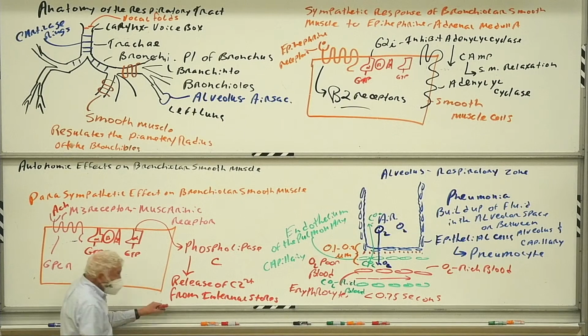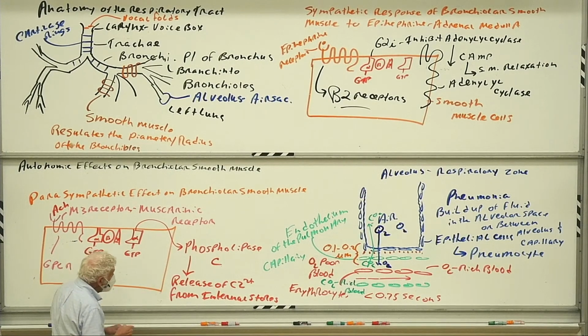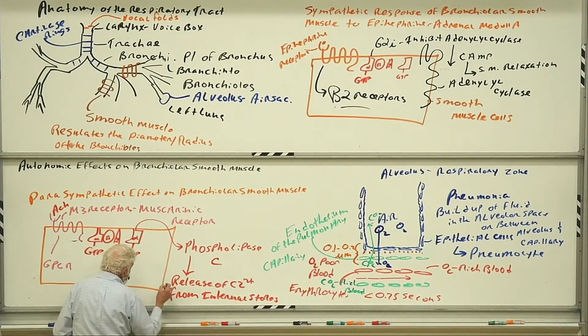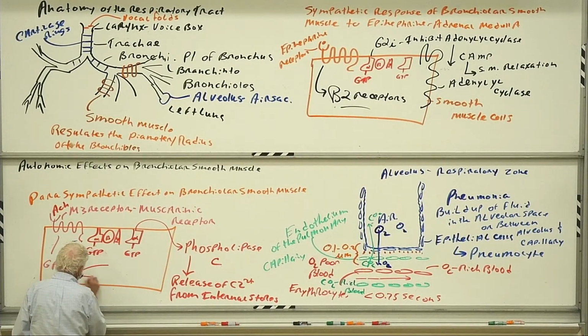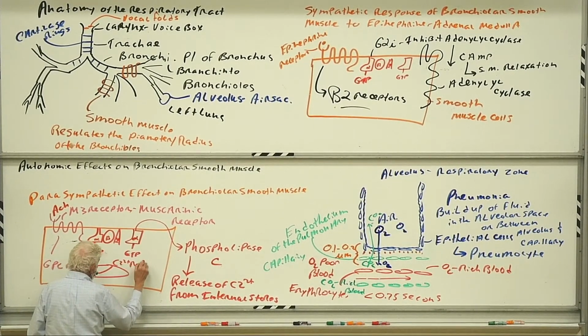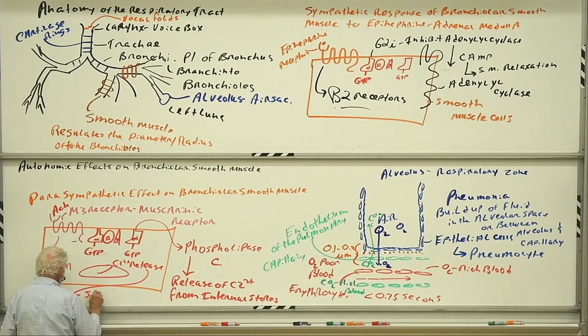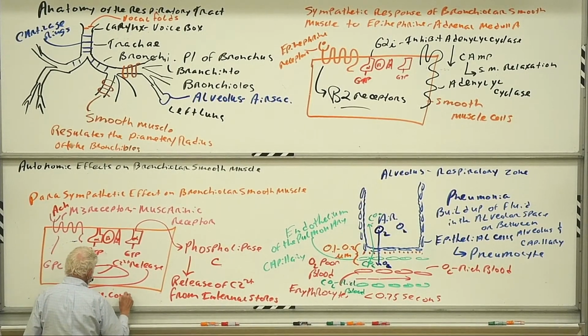This calcium will be released from the endoplasmic reticulum, which in this case is the sarcoplasmic reticulum of the smooth muscle. So we get calcium release. This calcium release causes smooth muscle contraction.